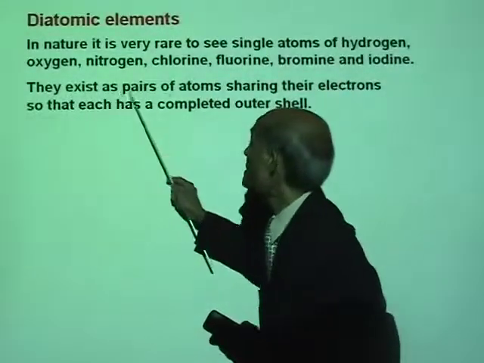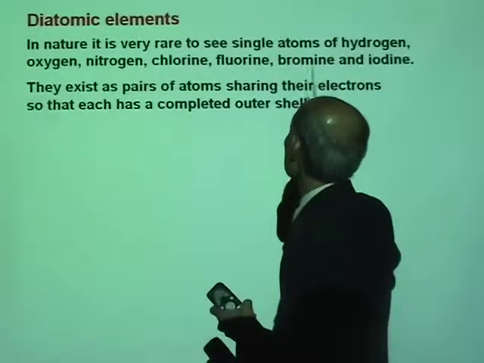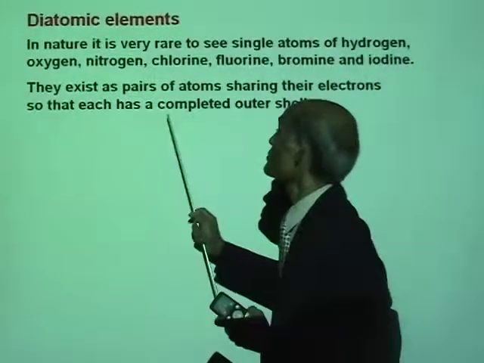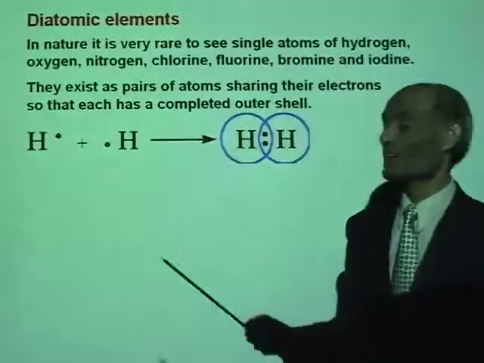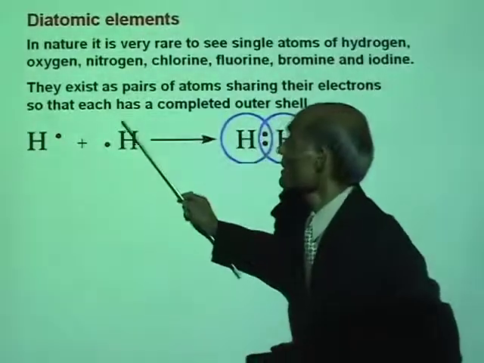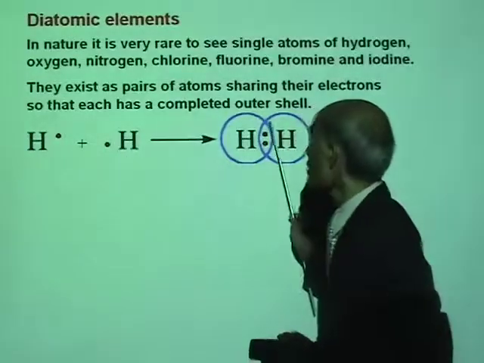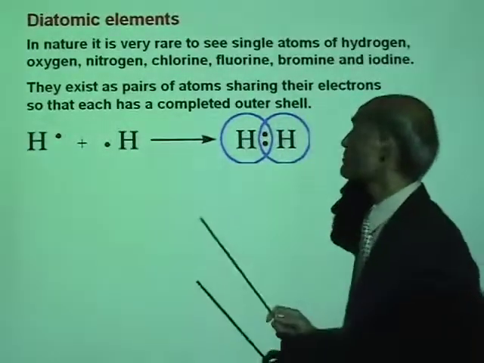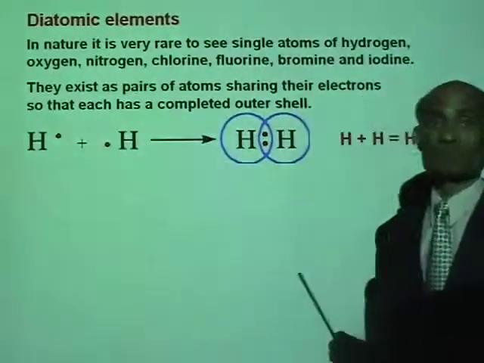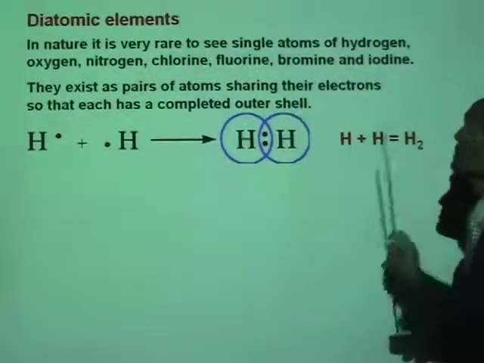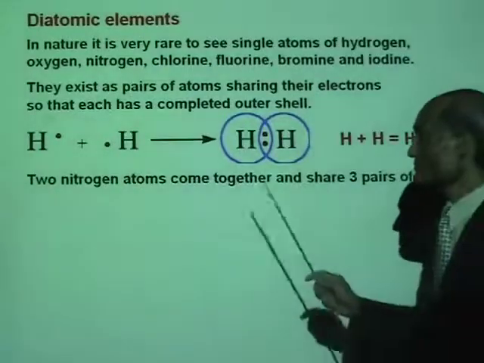They exist as pairs of atoms sharing their electrons so that each has a completed outer shell. So, one hydrogen comes together with another hydrogen, shares the pair of electrons and remains as H2 molecule. H plus H equals H2.